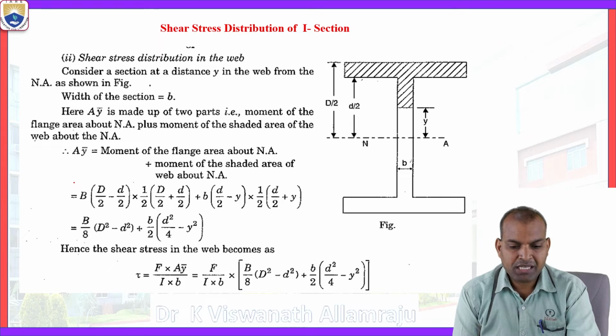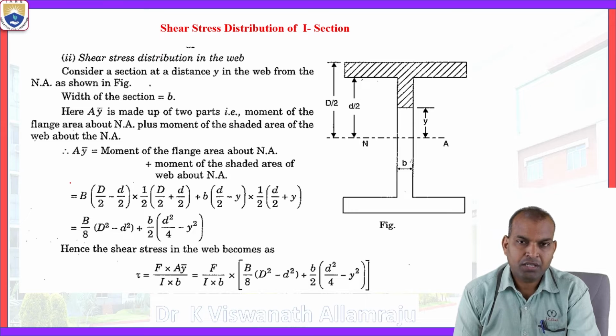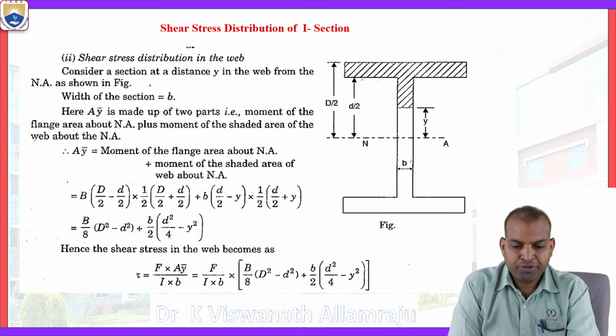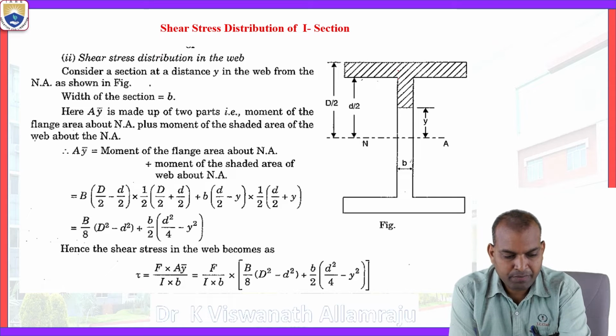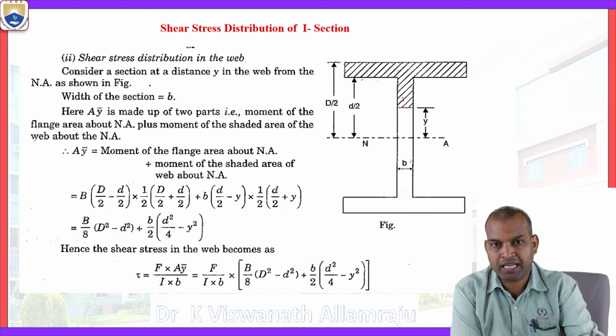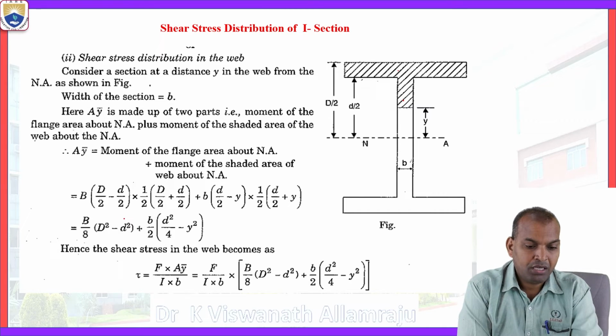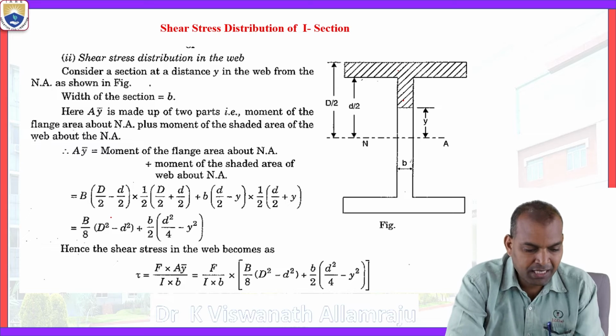This figure indicates the complete shaded area of both flange and web. Now we want it in the web. The web portion means flange plus web. Before, we calculated in the flange portion. Now in the web portion, what is the area?